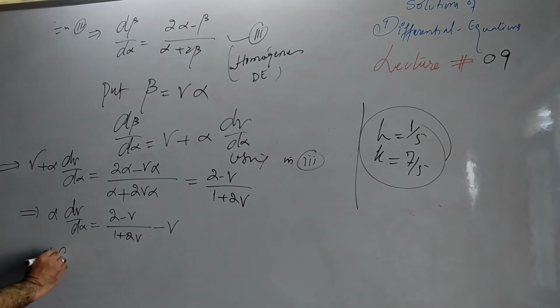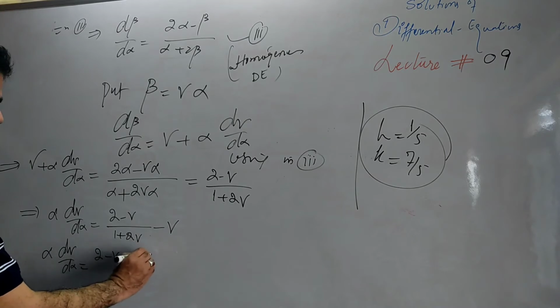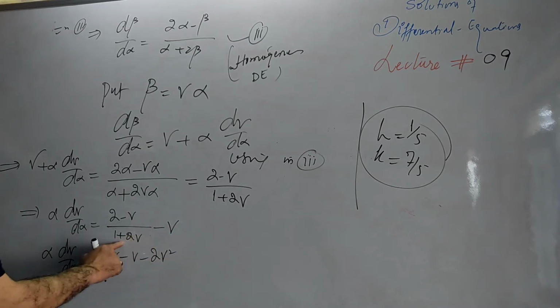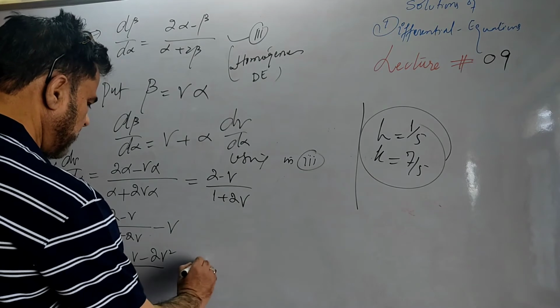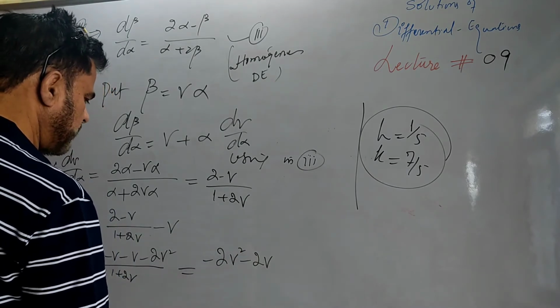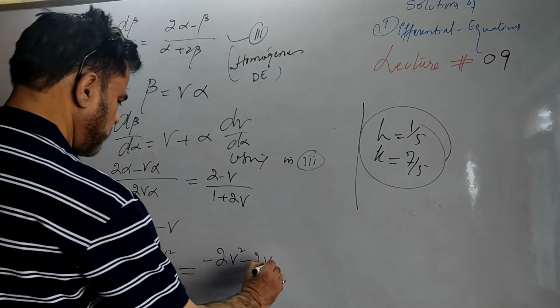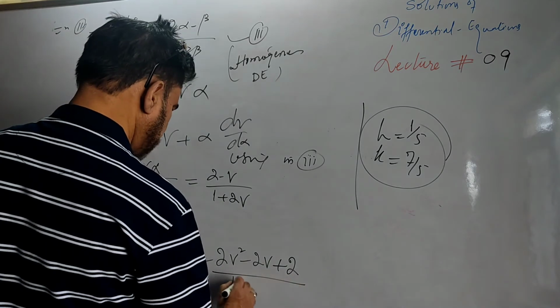This gives you alpha times dV by d alpha is 2 minus V minus 2V square minus V minus 2V square by 1 plus 2V. This is further minus 2V square minus 2V plus 2 by 1 plus 2V.